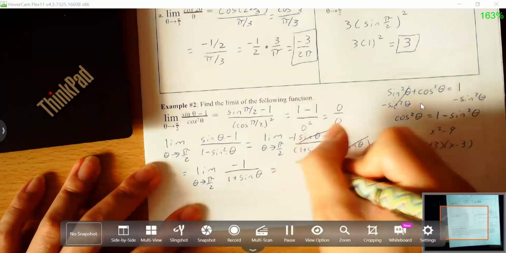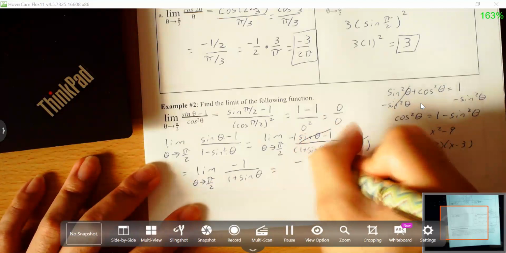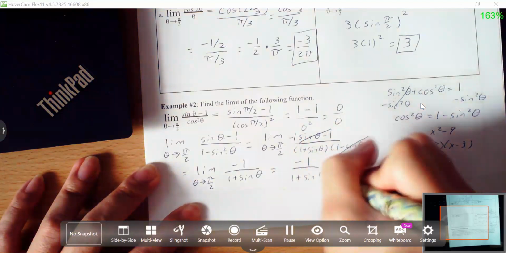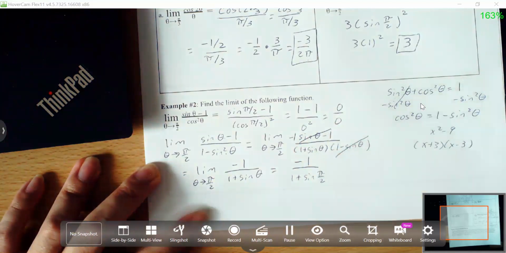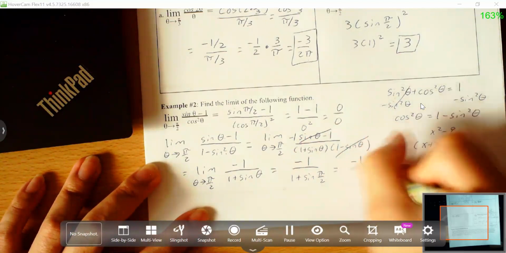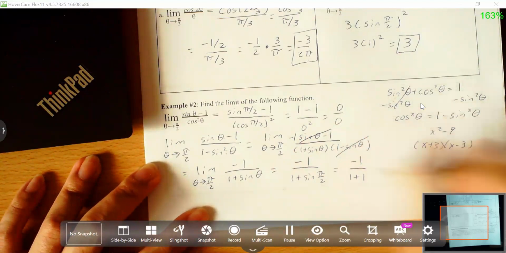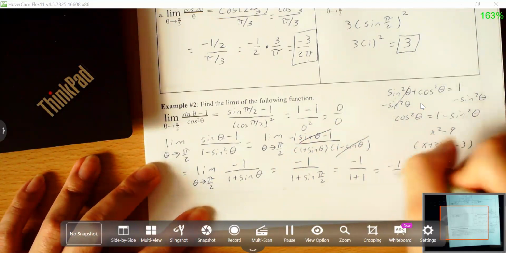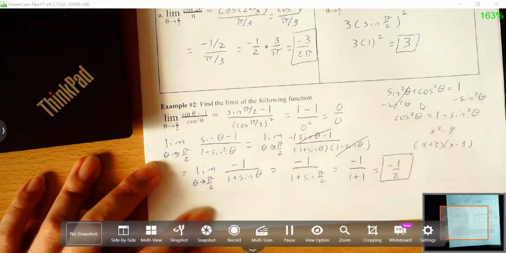So this is equal to -1 over 1 plus sine of pi over 2. The sine of pi over 2 is 1. So this is just -1 over 1 plus 1. And so the limit of this function is -1/2.